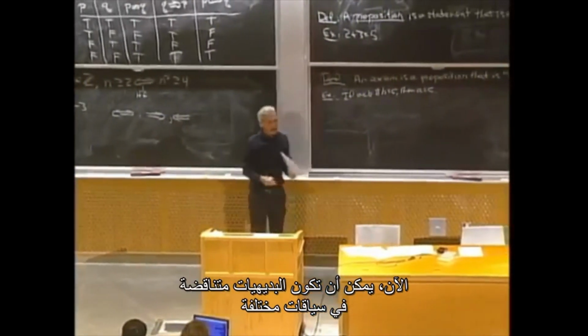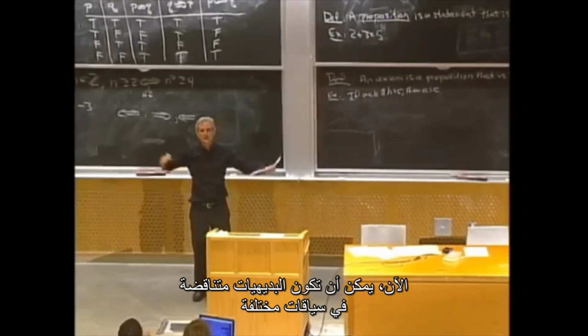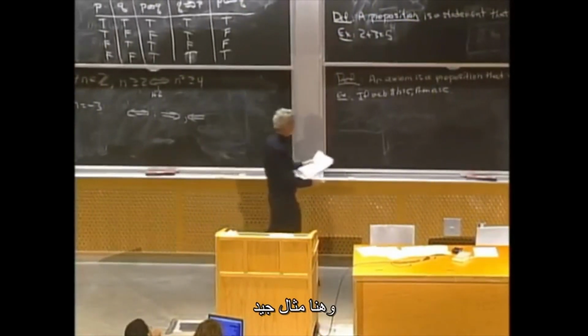Now, axioms can be contradictory in different contexts. Here's a good example.